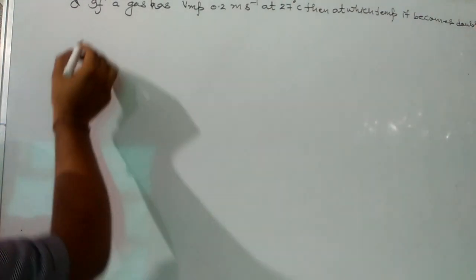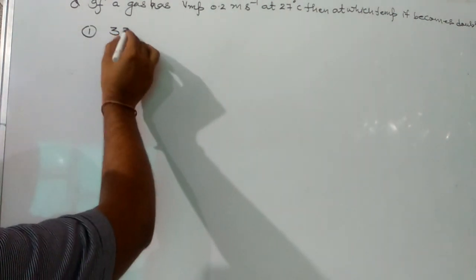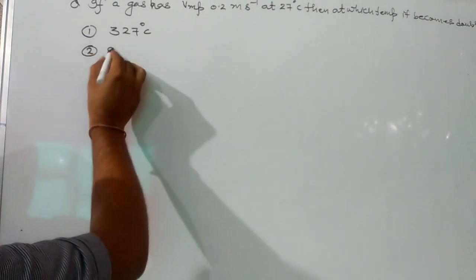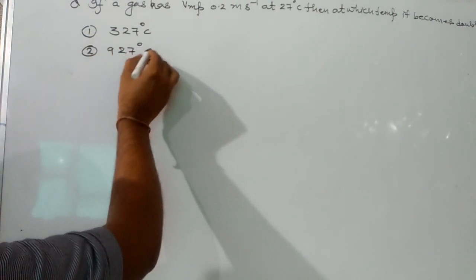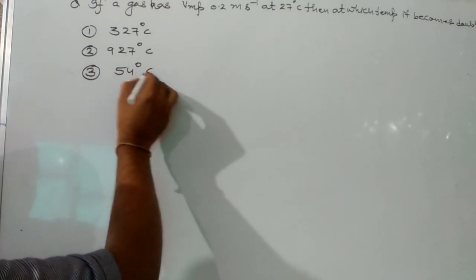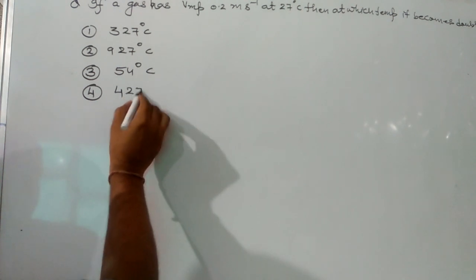And your options are: the first one 327 degrees centigrade, second one is 927 degrees centigrade, third one is 54 degrees centigrade, and fourth one is 427 degrees centigrade.